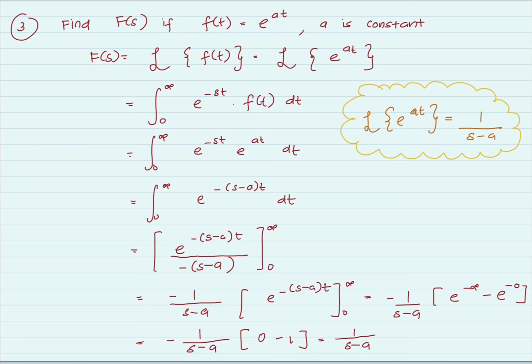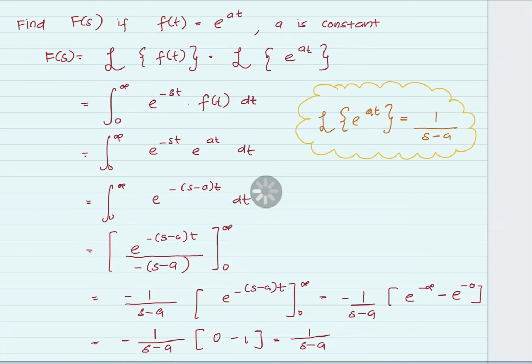Therefore, for example, the Laplace transform of e^(at) is equal to 1 over s minus a, where a is a constant. So we can have the Laplace transform of e^(2t), for example.